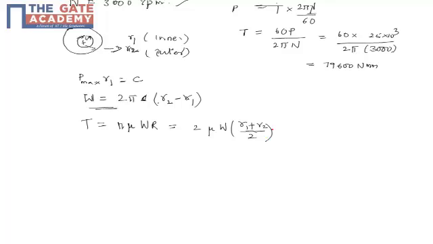The other information given in the question is that the ratio of outer to inner diameter is 1.25, so the ratio of the radii will also be R2 equals 1.25 R1.